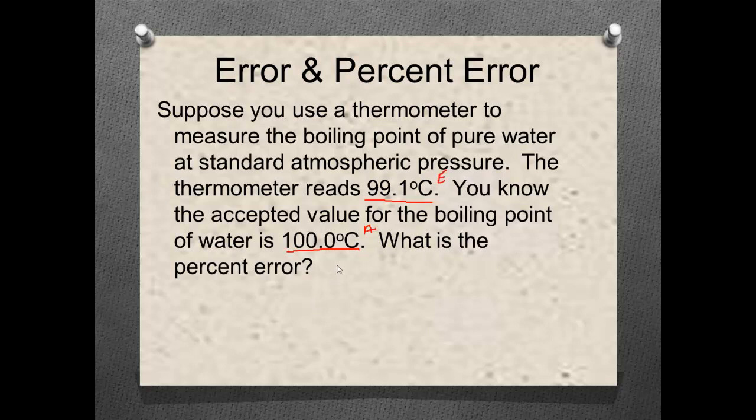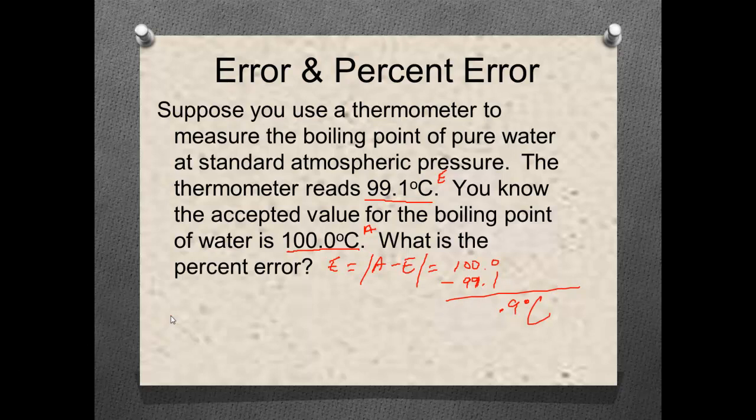To get my error, I want to do the absolute value of the accepted minus this experimental value. Again, it doesn't matter what order we do it in because it's the absolute value. Do that with 99.1 and I get 0.9 degrees Celsius. That's my error.